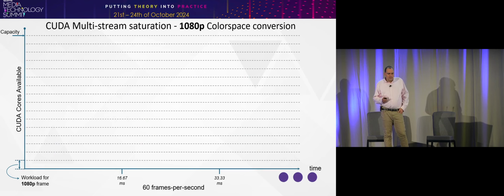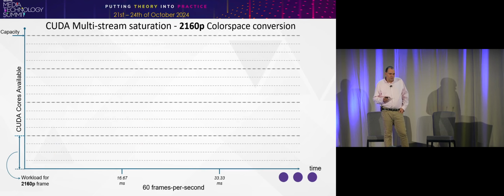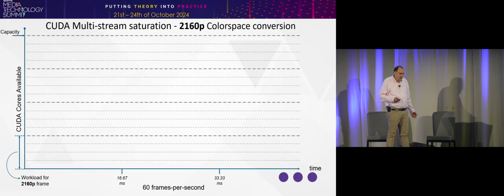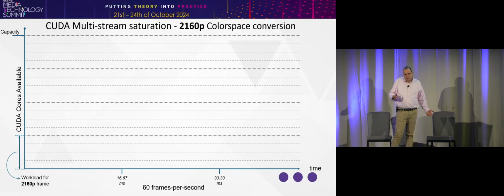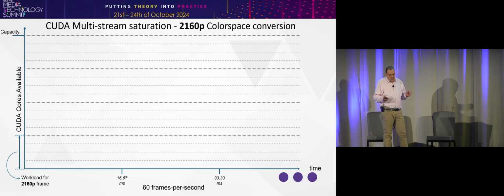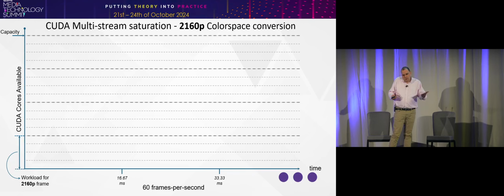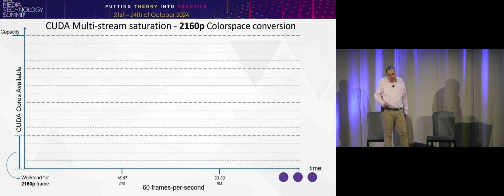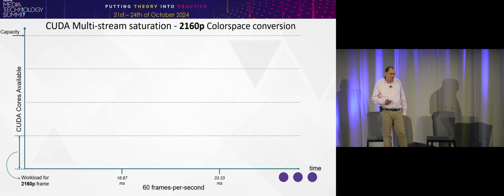So, next, say we're dealing with 4K UHD. Then what changes in this image is we no longer have the same capacity to process HD frames. Say there are 4 times as many pixels, so an operation like color space conversion takes roughly 4 times as many resources.